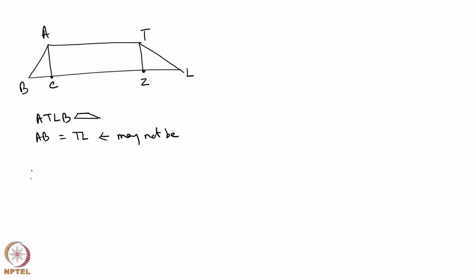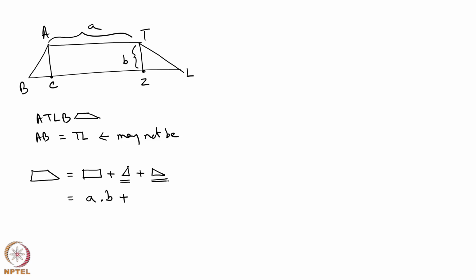Now, the area of the trapezoid is equal to the area of the rectangle plus the area of the two triangles. The area of the rectangle is given by, say this length is a, then a multiplied by the TZ length, say it is b, and now come the areas of the two triangles that are to be added up.